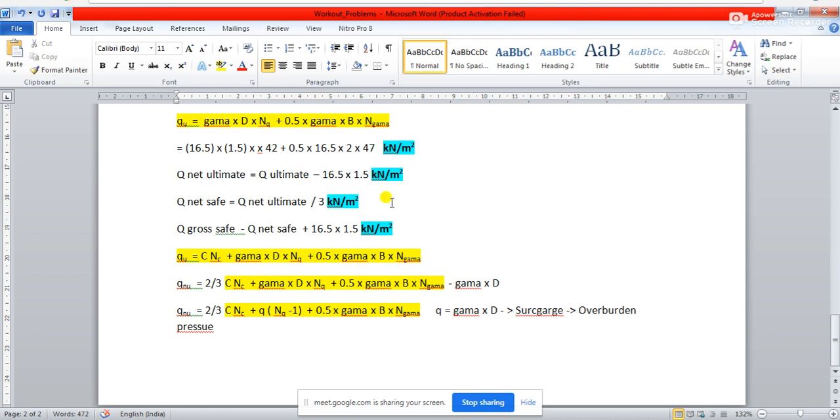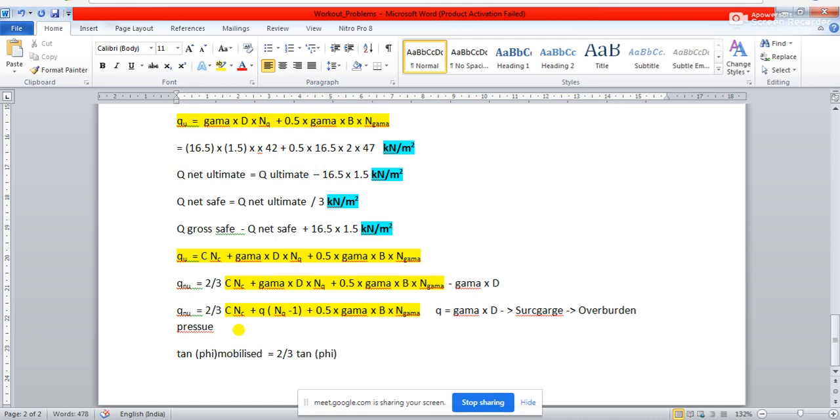You see, because of the change in phi, if you remember what I have said, tan of phi mobilized will be equal to how much? 2/3 of tan of phi.